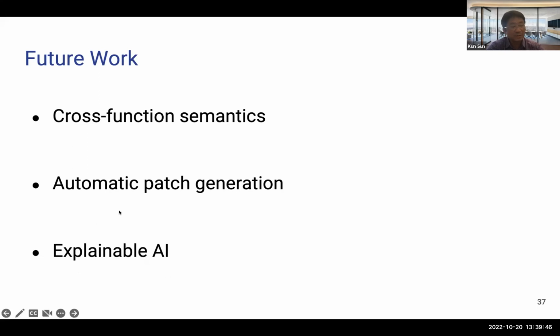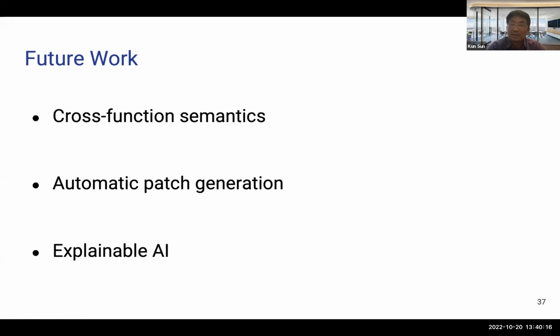Another work is related to explainable AI. When we submitted a paper to IEEE S&P, Security and Privacy, some reviewers asked us why our solution can do better than the existing pattern-based solutions. Why can we do better?